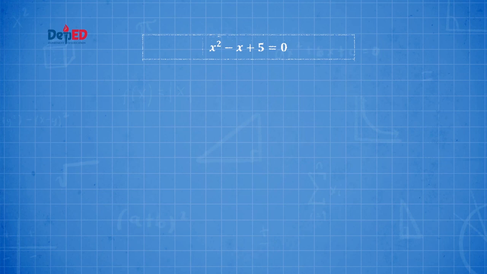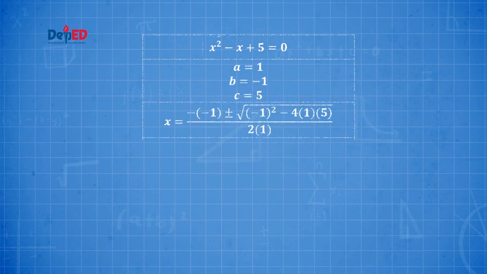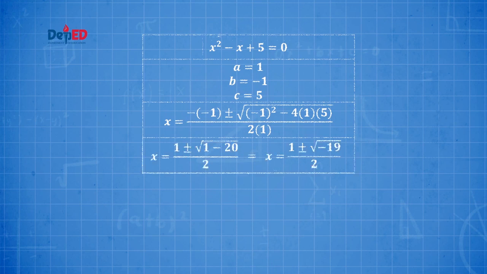Never forget CS4 when using the quadratic formula. C for coefficients. First S is substitute. Second S is simplify. There exists no number that when multiplied by itself yields a negative result. So, square root of negative 19 stays as it is. It is in fact another example of an imaginary number.